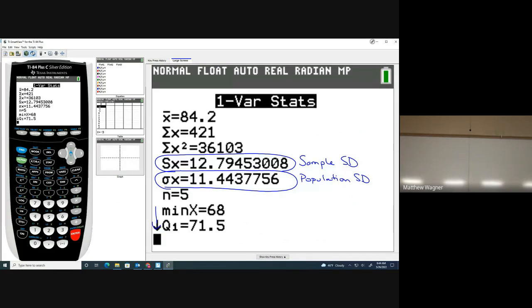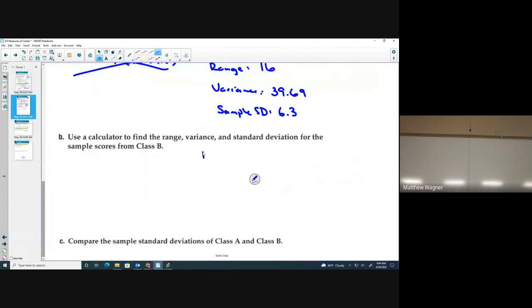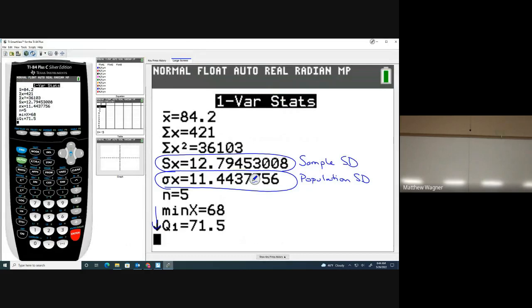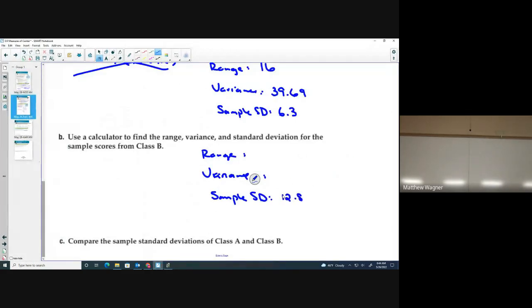Notice again we have that same idea, population standard deviation versus sample standard deviation. We're going to use that 12.8 number in this case. How do we get our variance?